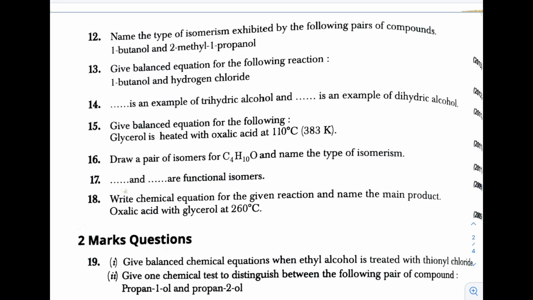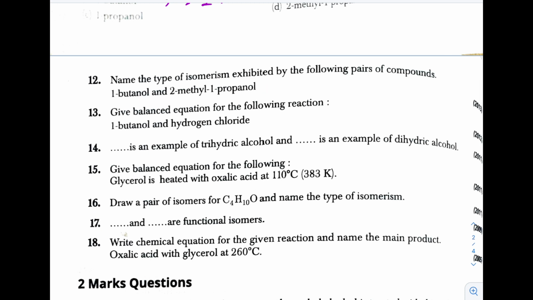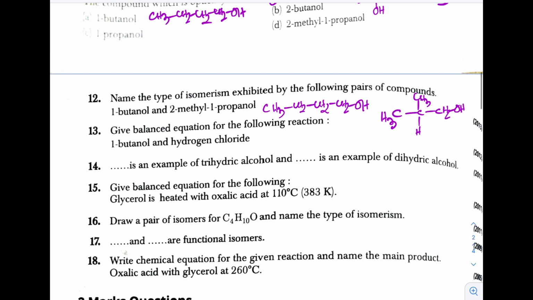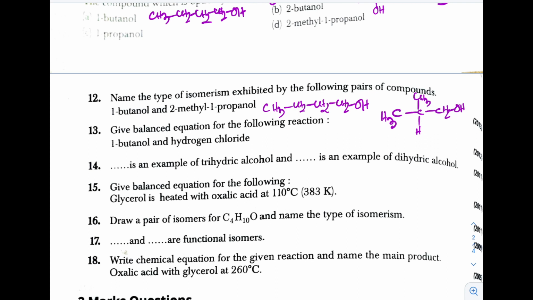So we have to draw the structure. 1-butanol, this one, and 2-methyl-1-propanol.